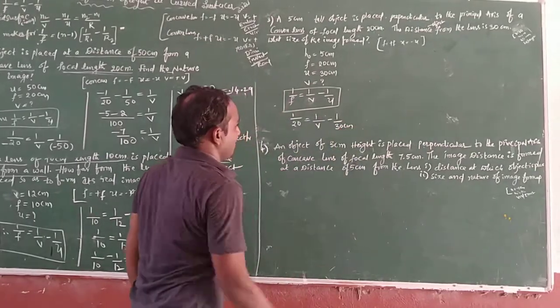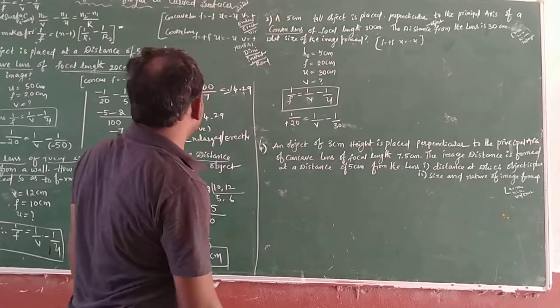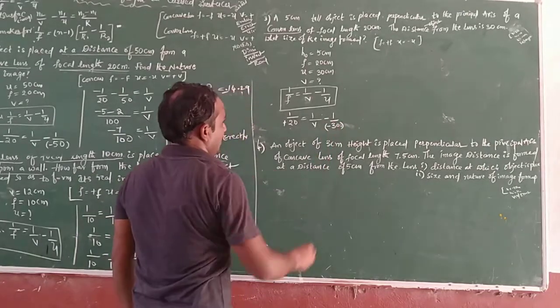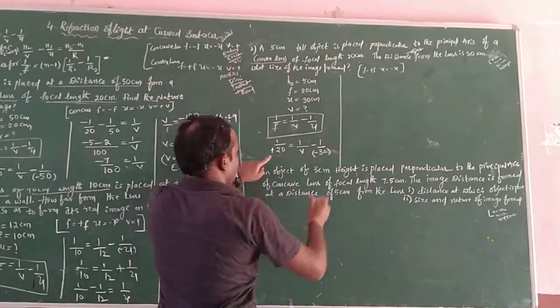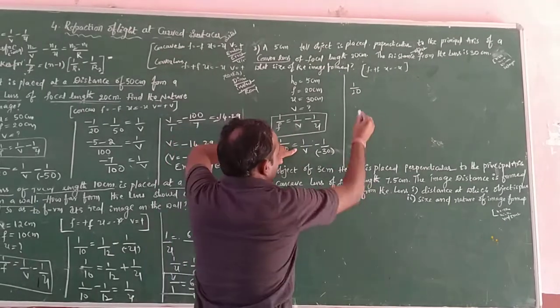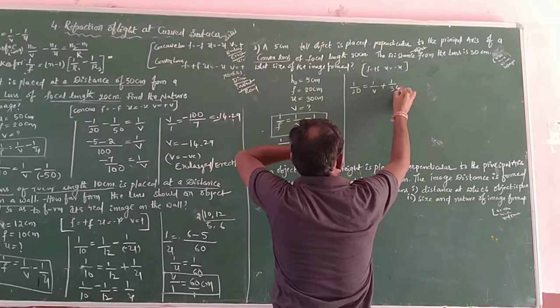According to the sign convention rules, for a convex lens we take plus for f and minus for u. Simplifying these values, 1/20 = 1/v + 1/30.